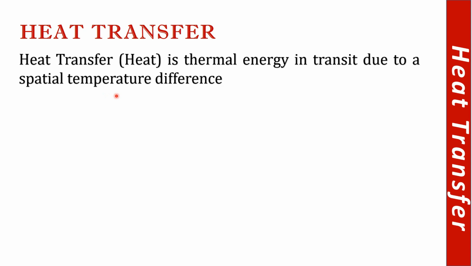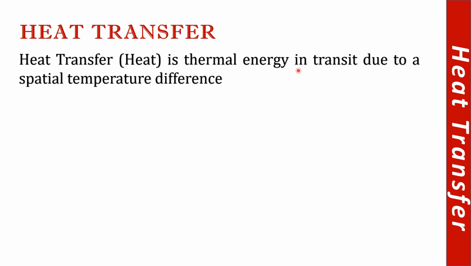Now suppose we have two temperatures, T1 and T2. The difference between them gives us the direction of the heat transfer. If T2 is higher and T1 is lower, the heat transfer takes place from the higher temperature towards the lower temperature.